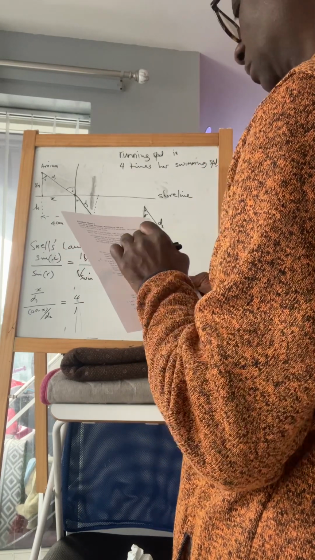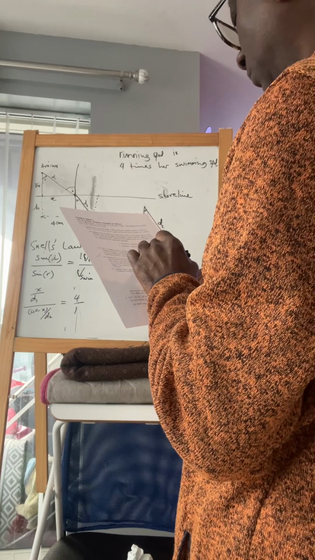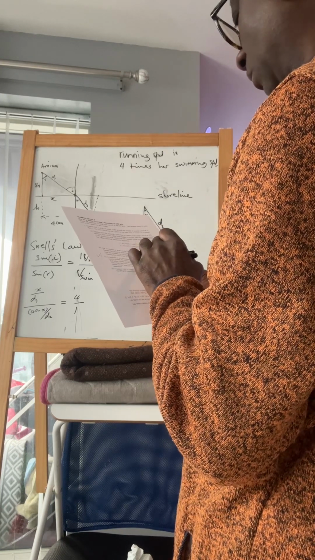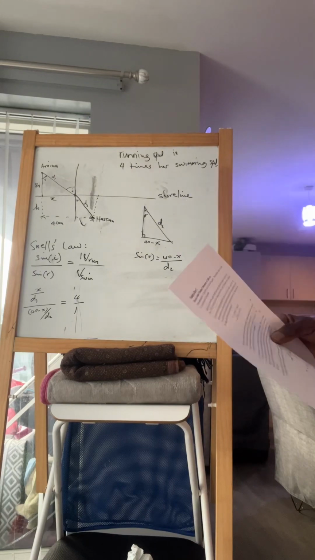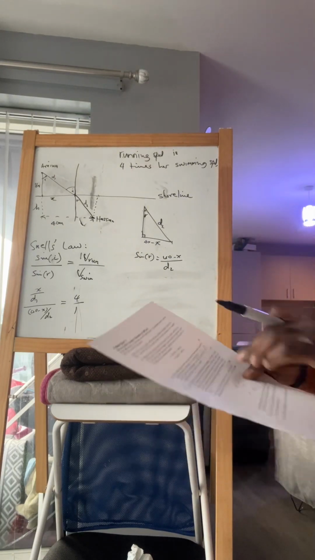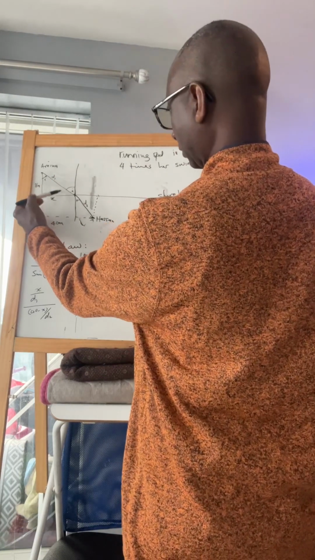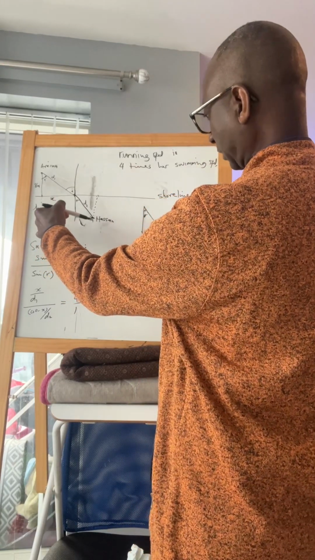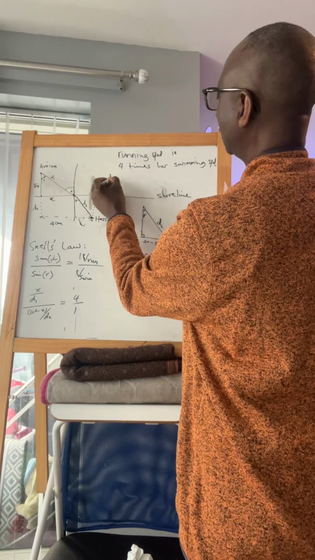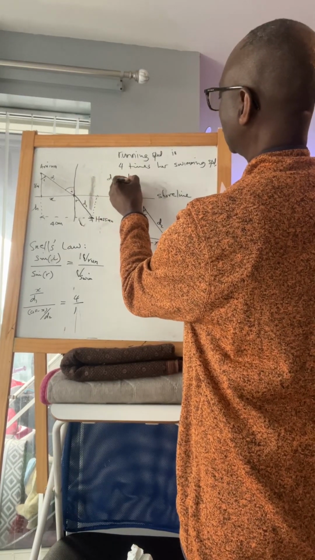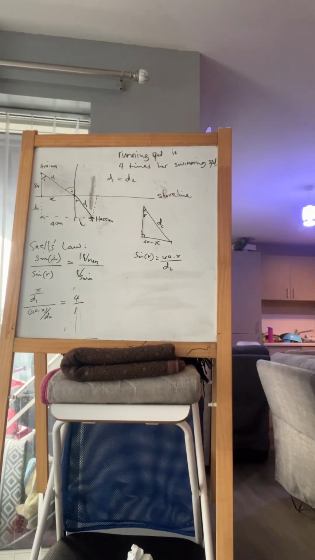In this case, it turns out that when taking the shortest time to reach the swimmer, the distance that she runs is equal to the distance that she swims. So that means D1 is equal to D2 from the question.